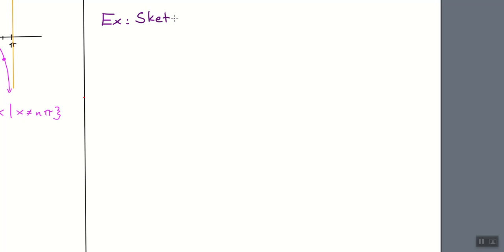If you want to make a table, I'm fine with it. If you want to try to sketch it without a table, also fine with it. I want you to sketch the following function for me. I'm going to call it d of x because this thing's been damped by the following. I want us to consider e to the x, and I'll change color for the different function, times the sine of 4x.